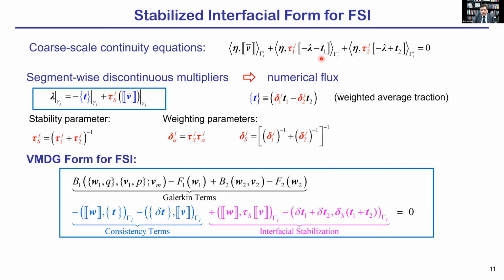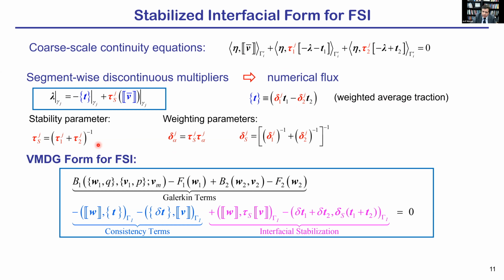Now, since we are developing stabilized methods, one attribute of stabilized methods is that we can use arbitrary combinations of interpolation functions for the Lagrange multiplier and for the unknown field. One option that we can use is a piecewise discontinuous Lagrange multiplier, and we can take it out of the integral expression, and locally resolving it, we get the expression here, where T is the average weighted traction vector, which is weighted by these parameters delta that are a function of tau.